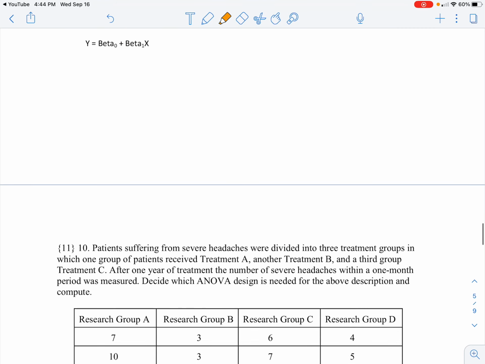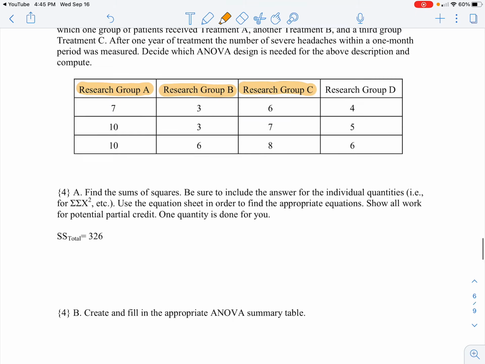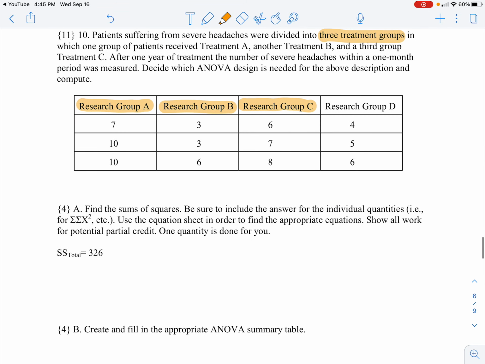The final page on this review sheet has to do with ANOVAs. So in this situation, you want to think about this. Here's a case study. Patients suffering from severe headaches were divided into 3 different treatment groups, in which one group of patients received treatment A, another treatment B, another treatment C, and another one, treatment D as well.